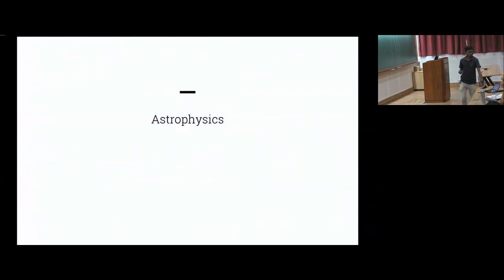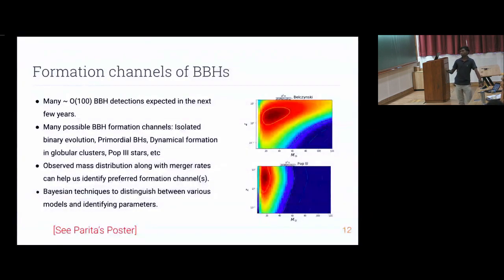So the next section is astrophysics using gravitational wave data. The first project is understanding the formation channels of the BBH mergers observed by LIGO and Virgo. In the coming months, we are expected to observe hundreds of binary black hole mergers in the ground-based detectors.